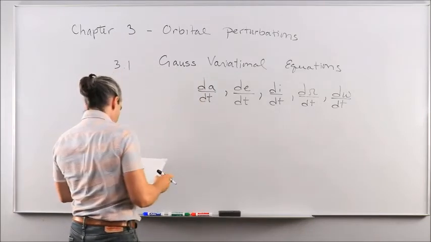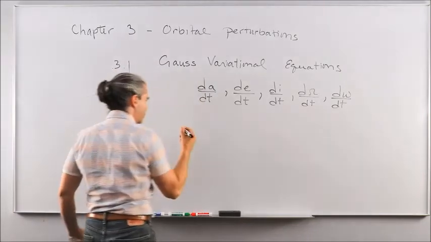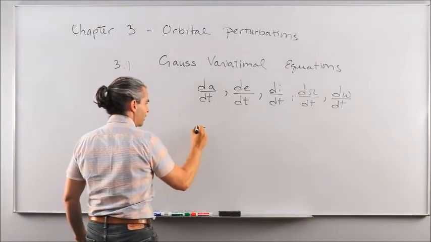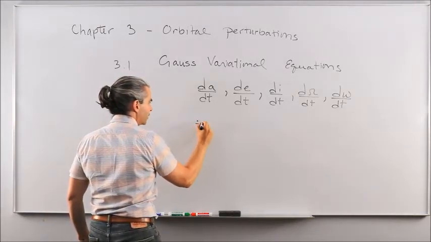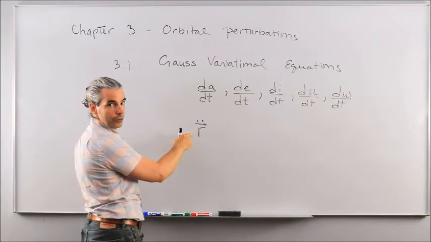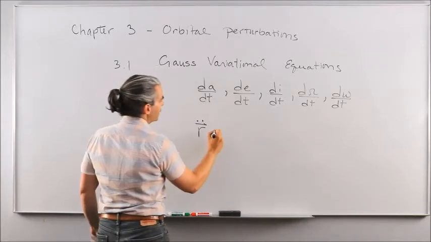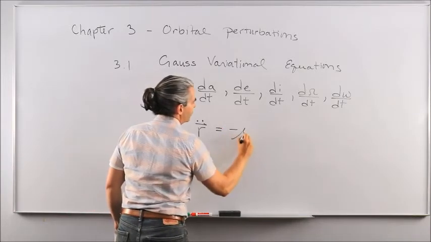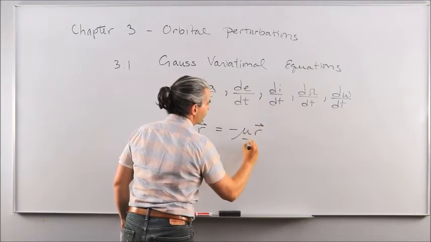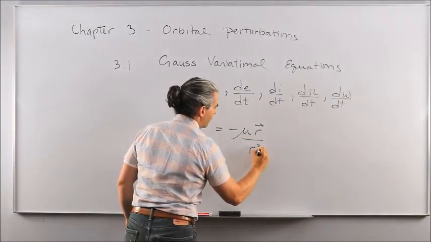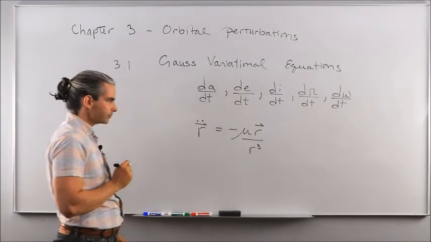So let's go back to our two-body equation of motion that we derived previously, the most fundamental equation in this course. Minus mu r vector over the distance between m1 and m2 cubed.